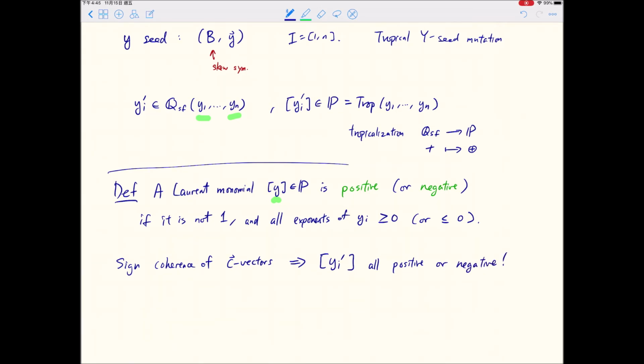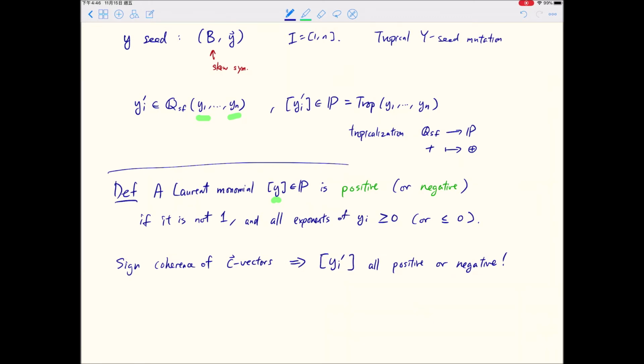Right, because we learned previously that the tropicalization of the y_i prime, the Y seed, is expressed in terms of the lower part of the extended exchange matrix, and the lower part of the extended exchange matrix is really just composed of C vectors in columns.